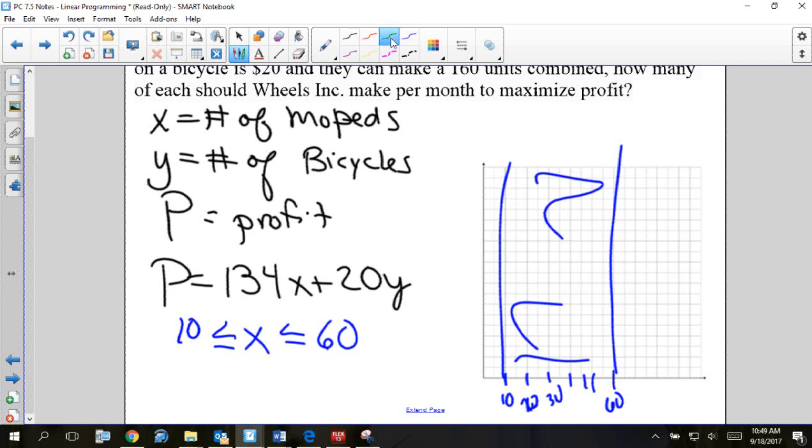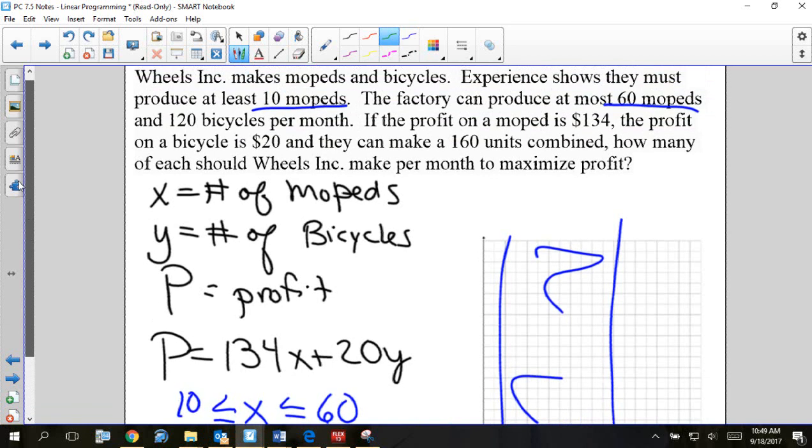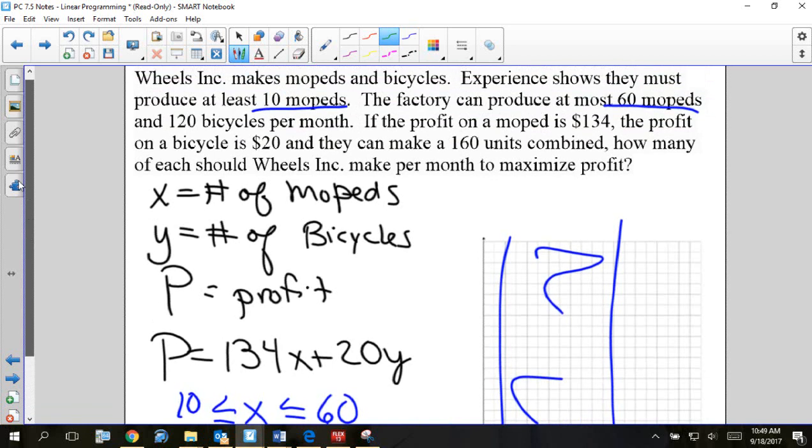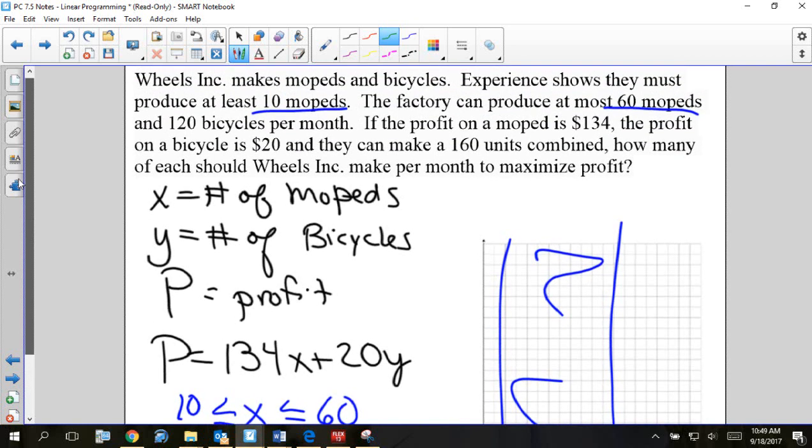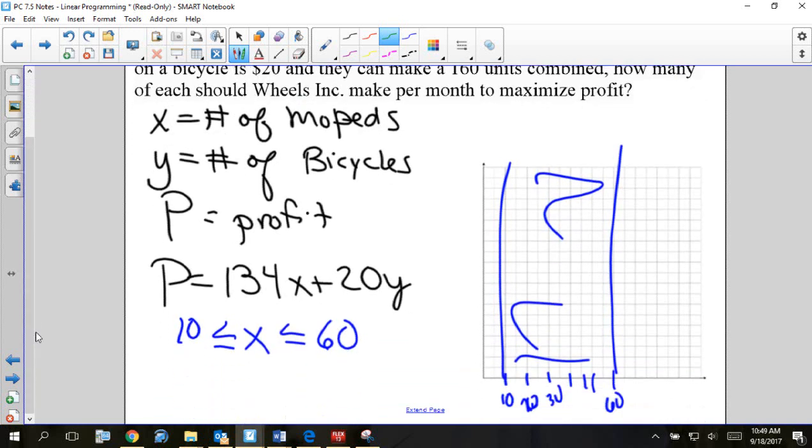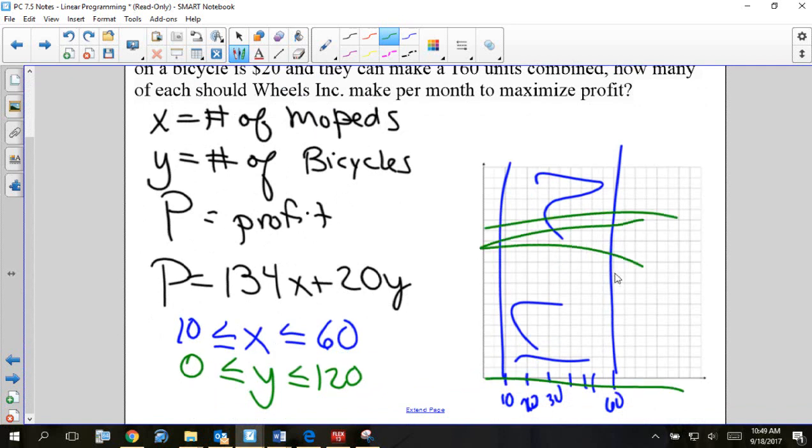And then I believe there's a constraint on the bicycles also. Between 0 and 120, I believe the Y's would be. So you'd have two lines for bicycles also. Something like that. And then there's one more constraint on that one, but we're not going to have time.